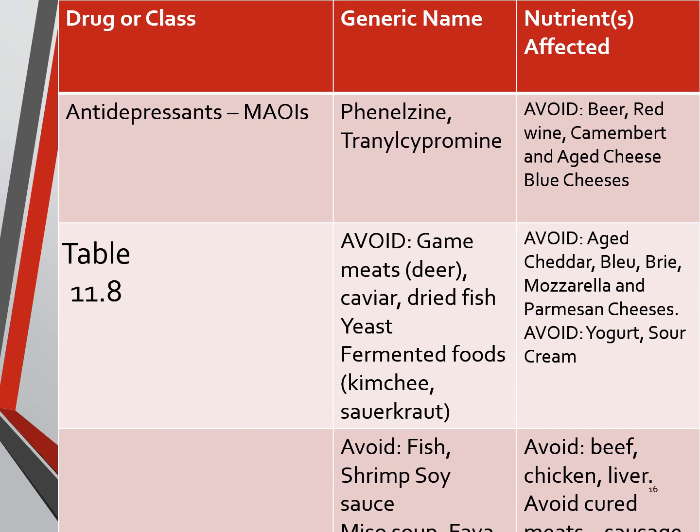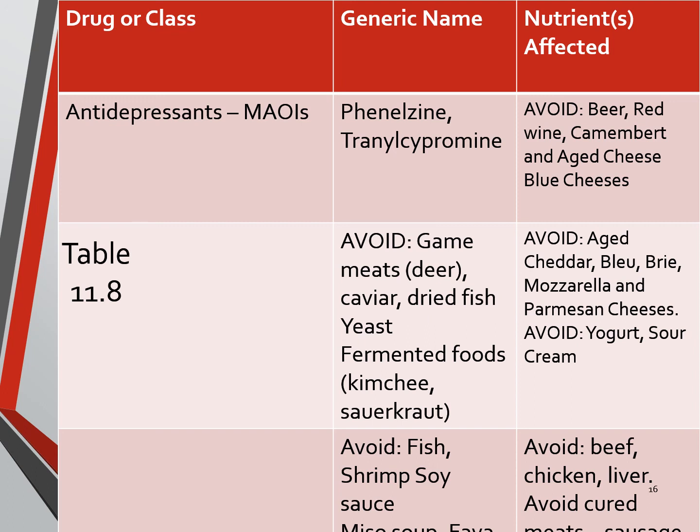Also, any type of game meat such as venison, caviar, dried fish, yeast, and the list goes on. Any type of fermented foods. So kimchi, which is a fermented Korean delicacy, and sauerkraut, those are to be avoided.